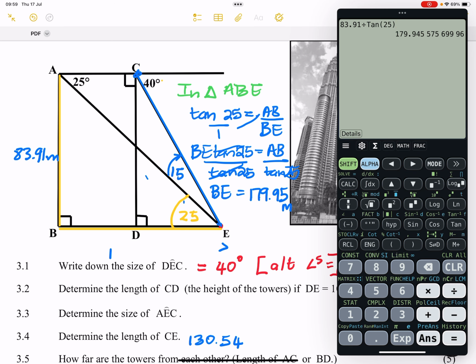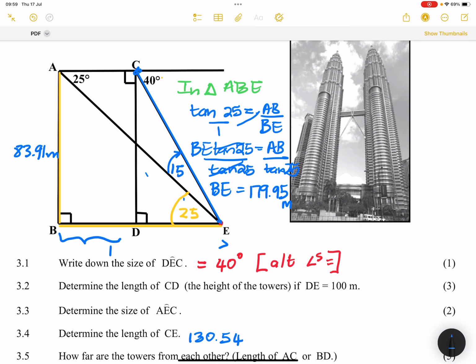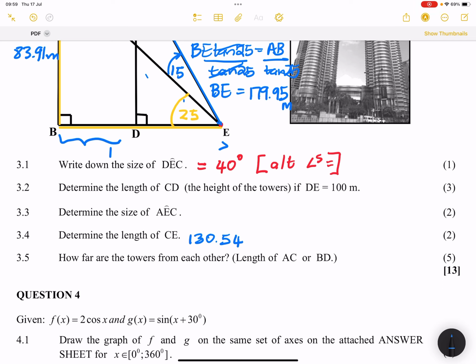So, how far are the towers from each other? What would be the distance BE? So to get the distance BD, that would be BE, that entire distance, minus DE.